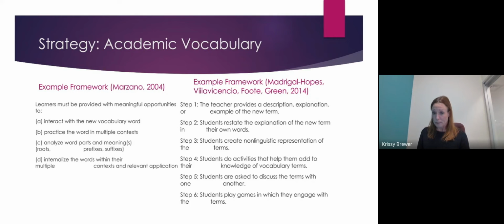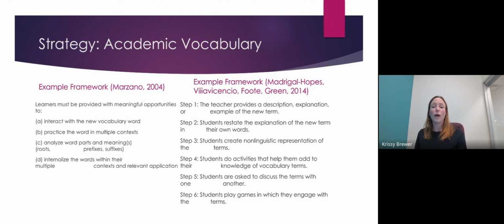Another way to teach academic vocabulary is for the teacher to provide a description, an explanation, and an example. The students then restate it in their own words. We always hear that in school, in your own words, because it's a learning strategy. Then students create a non-linguistic representation, a visual, a sketch, a doodle.